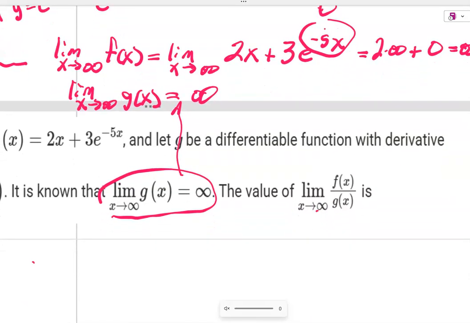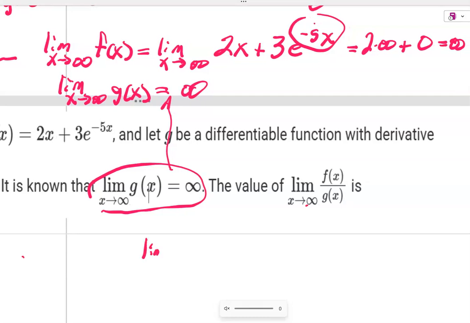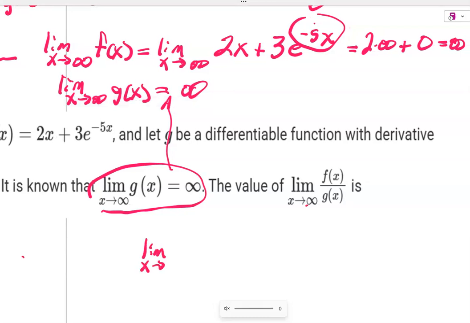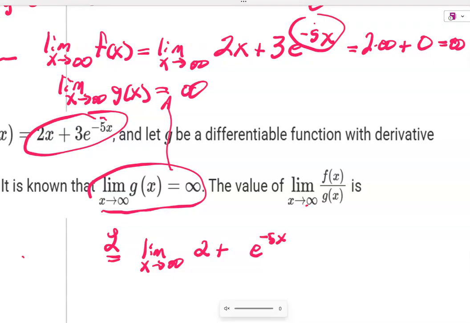So, tell you what, I'm going to just rewrite this real quick. The limit as x goes to infinity. Maybe I'd write right here by L'Hopital's rule, I'm going to have f prime. What's the derivative of 2x plus 3e to the negative 5x? Well, that's a 2. And then e to the negative 5x, you'll just get the exact same thing.